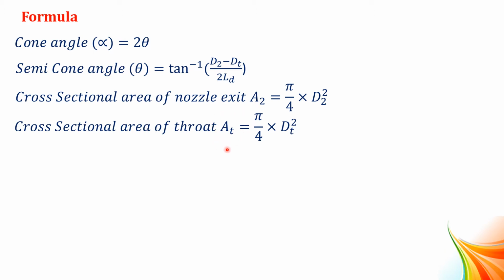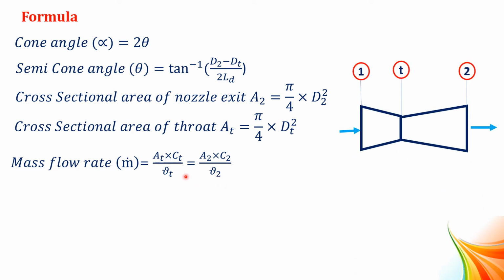So for this we have to use the mass flow rate equation: m dot equal to At Ct by Vt equal to A2 C2 divided by V2.